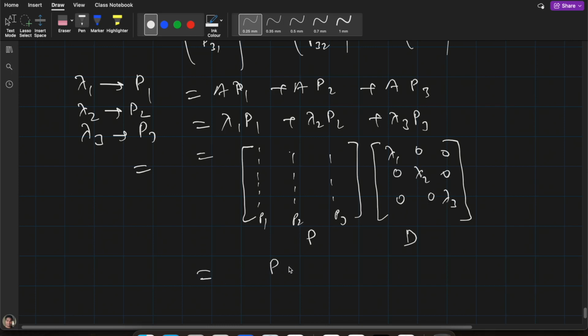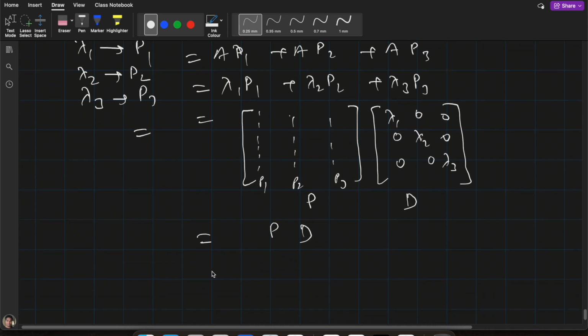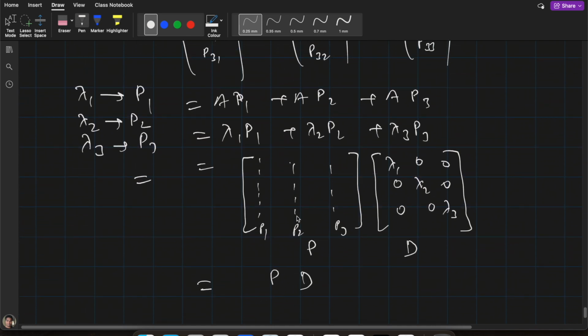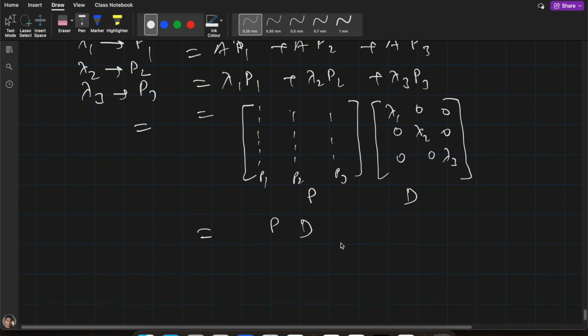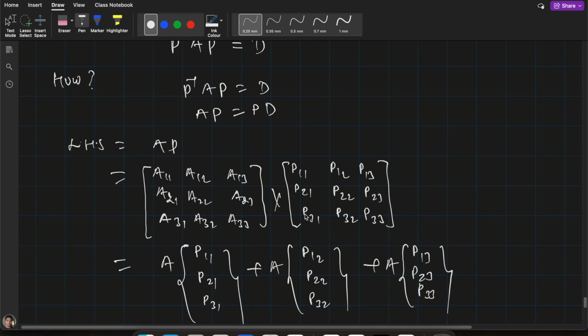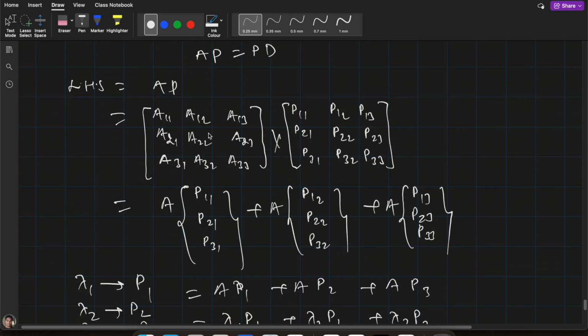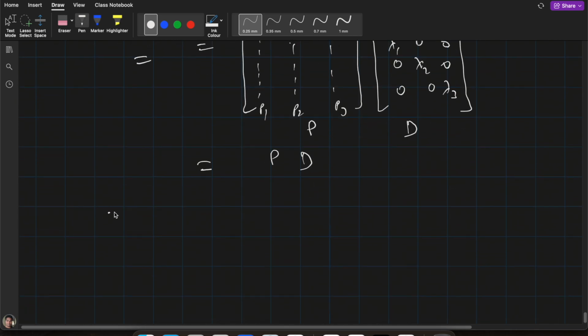That is P times D. And what are P1, P2, P3? They are eigenvectors. Fine. Which means that AP can be written as PD.